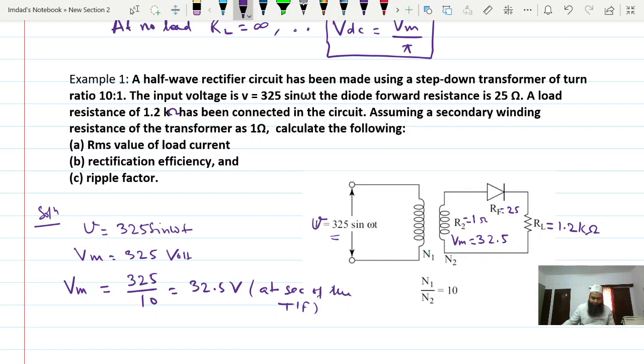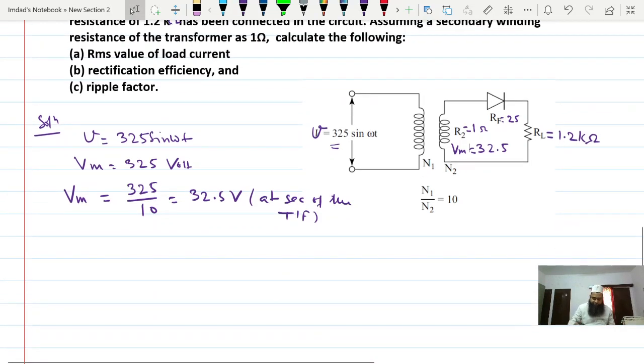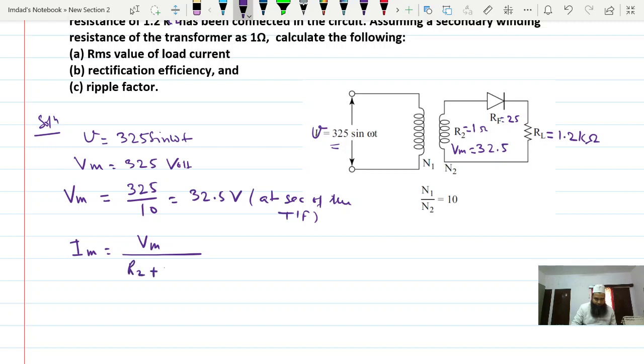Now we can calculate Im. Im equal to Vm upon R2 plus Rf plus RL.